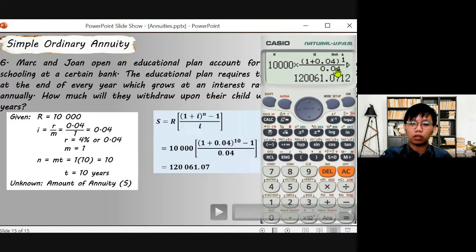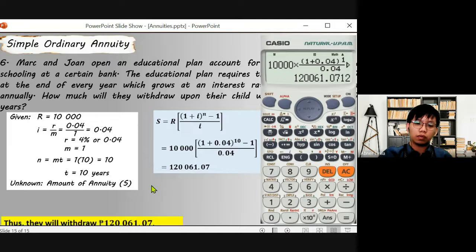If you don't have a calculator, you can use that longer solution where you solve the future value of each periodic payment, then add all those future values to get the amount of annuity. But if there are many payments, it will take a very, very long solution. But to make it faster, we have here the derived formulas so that it can be solved more quickly. Okay?